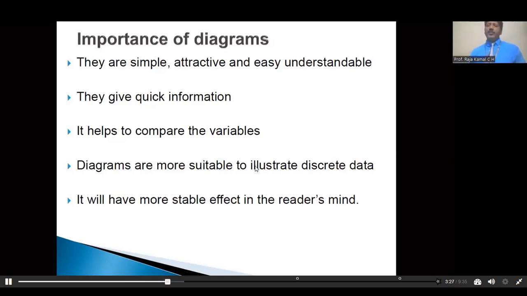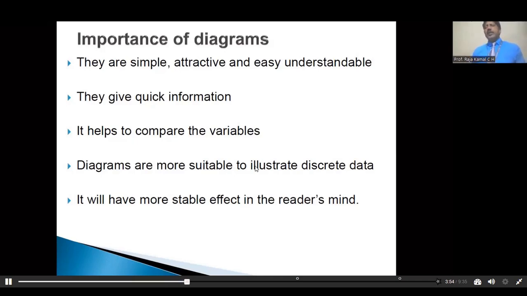And by seeing the diagram, we can say which year got less production and which year got more production. It is quick information. You don't need to go through the complete data. The diagram itself says which year got more production. That is quick information.